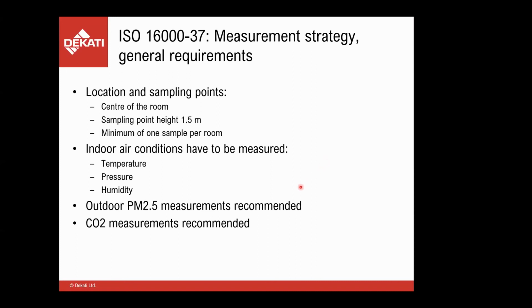The indoor air conditions have to be measured, which is temperature, pressure, and humidity. And it is highly recommended to do both outdoor PM2.5 measurements and CO2 measurements. The CO2, of course, as said, is representative of how many people are there in the dwelling and how well it is ventilated.